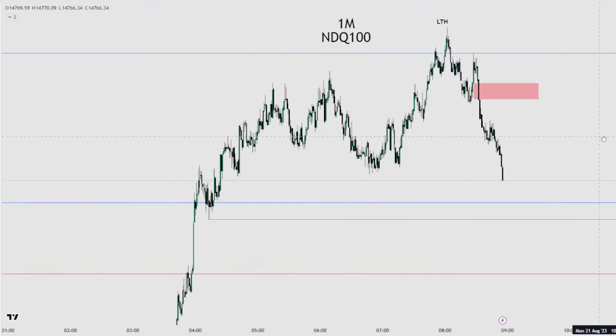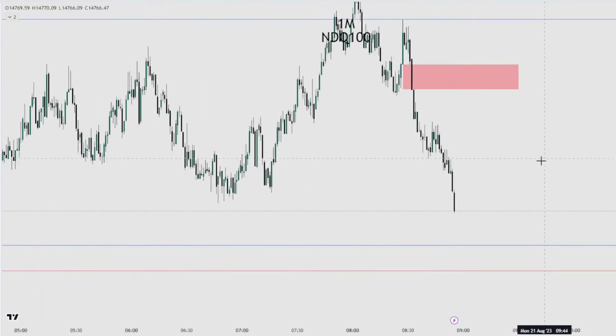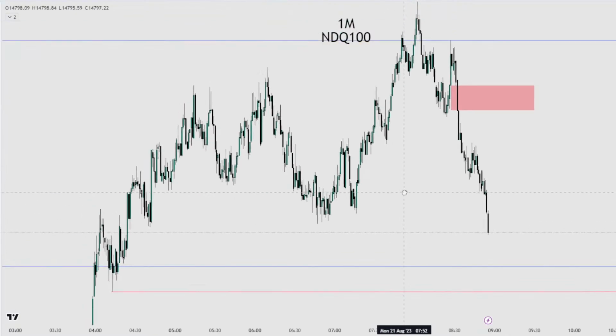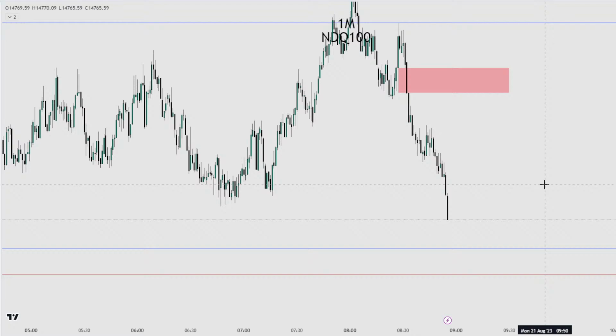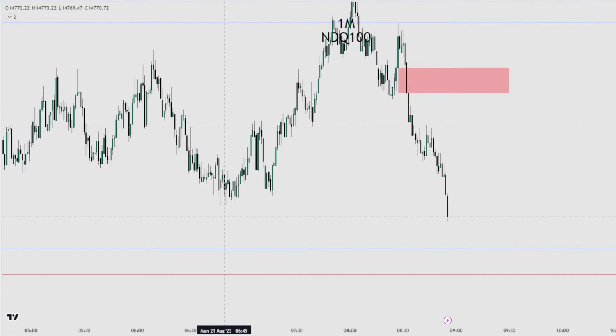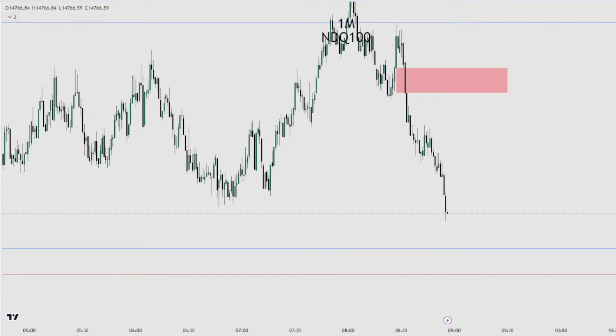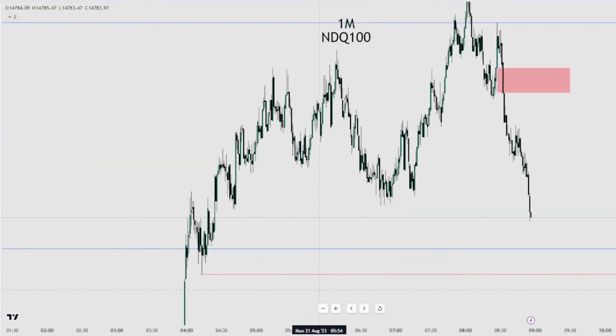There was a gap, but we only filled it as an institutional order flow entry drill, where you barely fill the gap and then it goes flying. That's what I'm looking at for Euro as well.